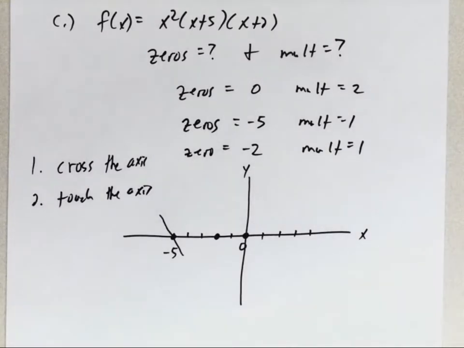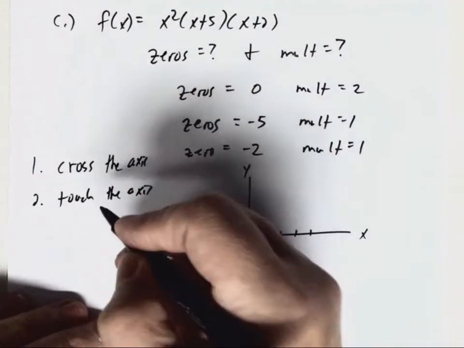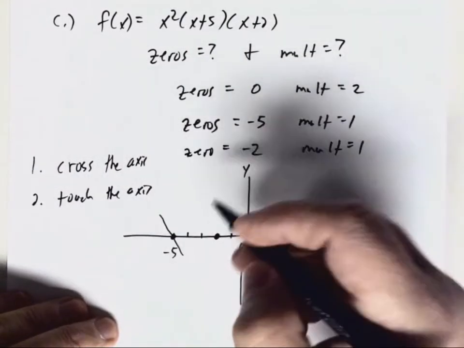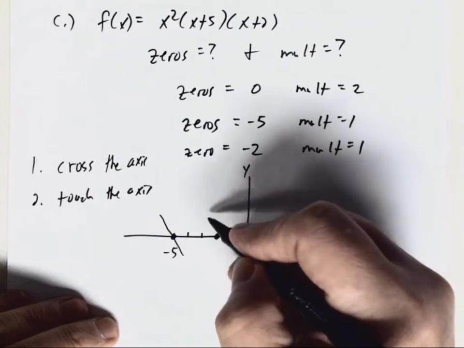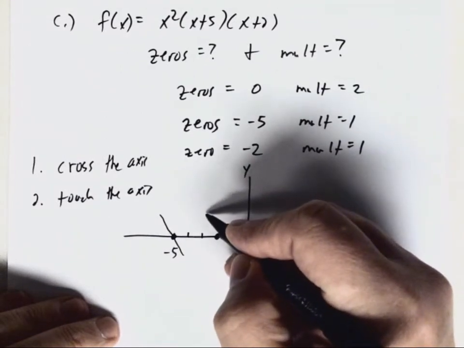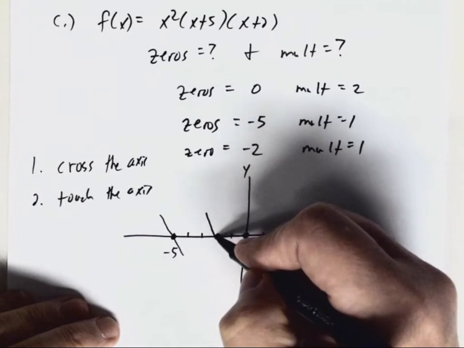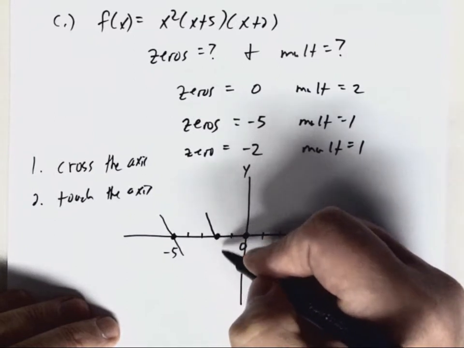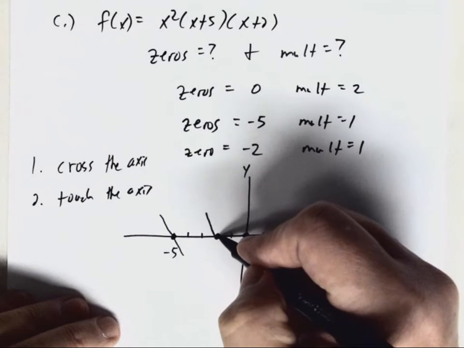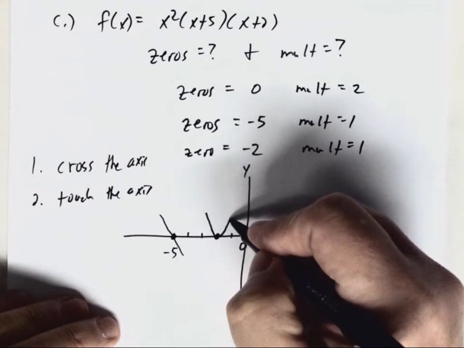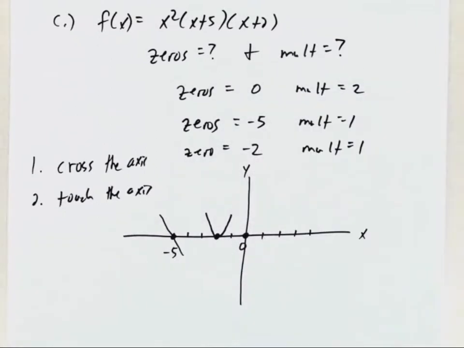But at the same time, there's a second phenomenon that could happen. Sometimes we say it will just touch the axis. So say, for instance, if this one, maybe touching means it comes down and it goes through that point, but instead of crossing the axis, it just turns around and goes back up.